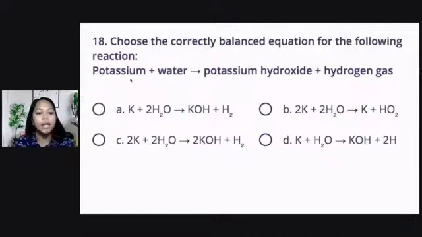Okay, so we have potassium, water, giving us potassium hydroxide and hydrogen gas.